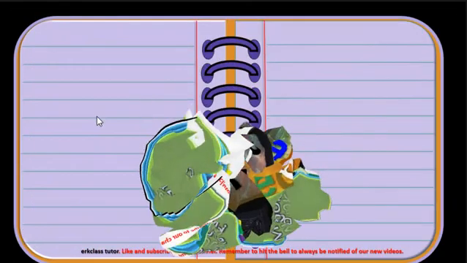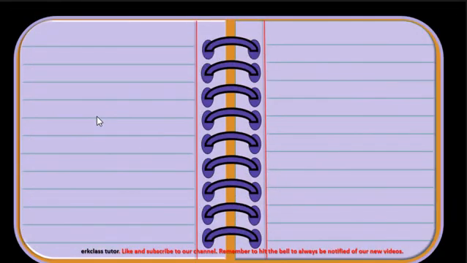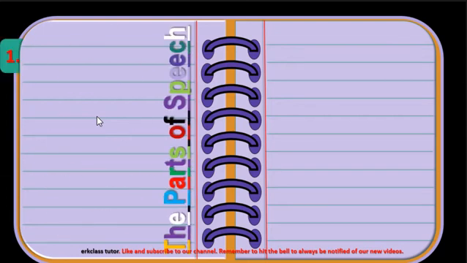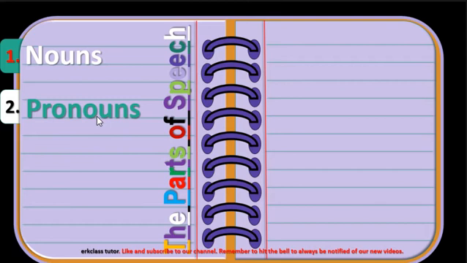To start with, we start with listing the parts of speech. In our list, number 1, we have the nouns. Number 2, we have the pronouns. Our number 3, verbs.